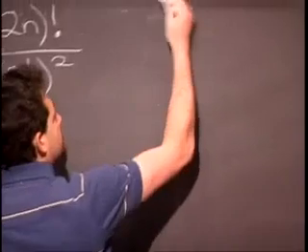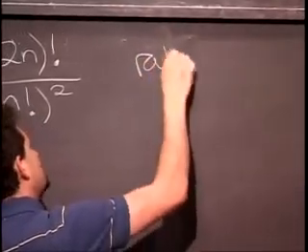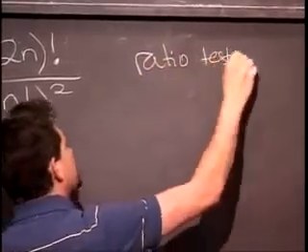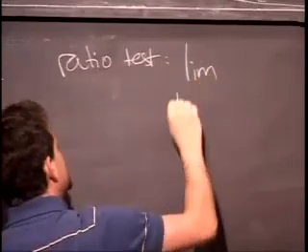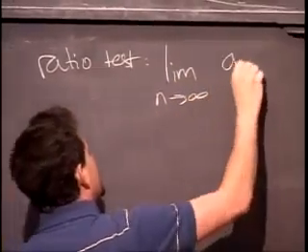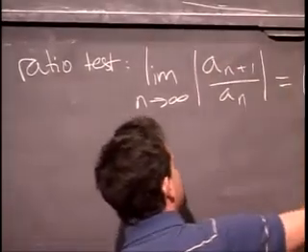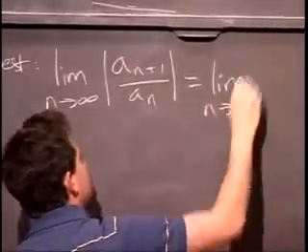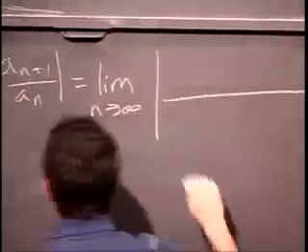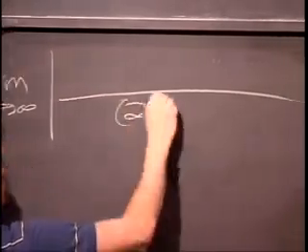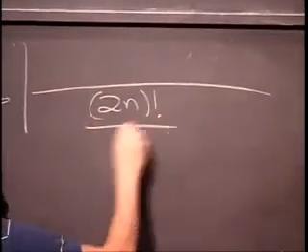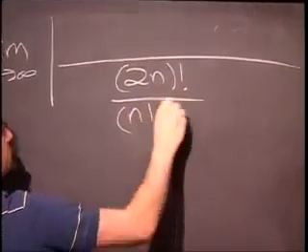Factorials are involved, so immediately an alarm bell goes off in my mind, and I'm going to use the ratio test. So I take the limit as n goes to infinity of the absolute value of a_(n+1) over a_n. We need this big fraction bar here. And I'm going to have (2n) factorial over (n factorial) all squared.